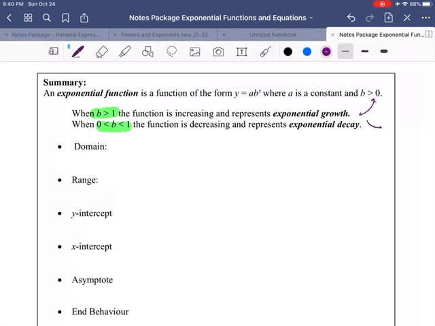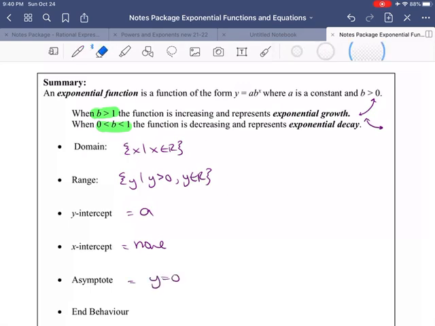So it's doing something like that, but more drastic. The domain for both is x is an element of the reals. The range for both is y is greater than 0, y an element of the reals. The y-intercept is the a value, is equal to a. There's no x-intercept.